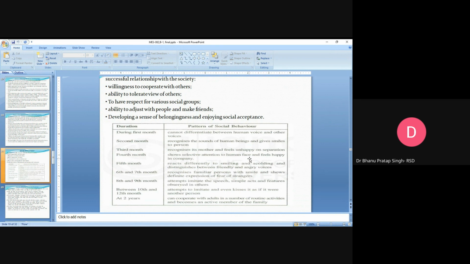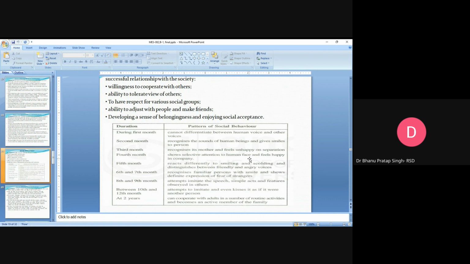Third month, recognizes its mother and feels unhappy on separation. Fourth month, shows selective attention to human faces and feels happy in company. In the fifth month, reacts differently to smile and scolding and distinguishes between friendly and angry voices.